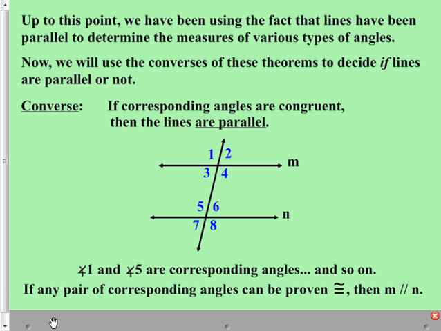We need to find any pair of corresponding angles and prove that they have the same measurements. If we can, then we can make the statement that the two lines the transversal is hitting are parallel. In this case, line M would be parallel to line N.